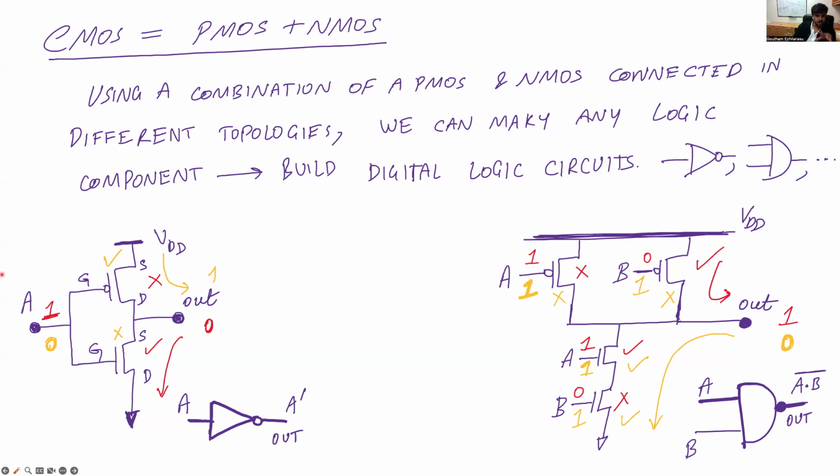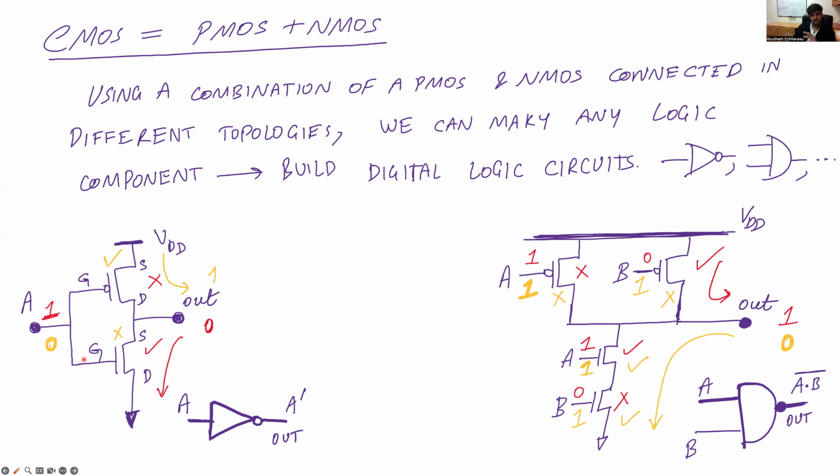In the case of the inverter, which is what I've shown here, when the input is a 1, the NMOS turns on while the PMOS turns off, because the gate to source voltage of the NMOS is more positive, while the gate to source voltage of the PMOS is less negative than the negative threshold voltage of the PMOS. So the PMOS is off and NMOS is on, and therefore the output is connected through the NMOS to the ground, and the output goes low.